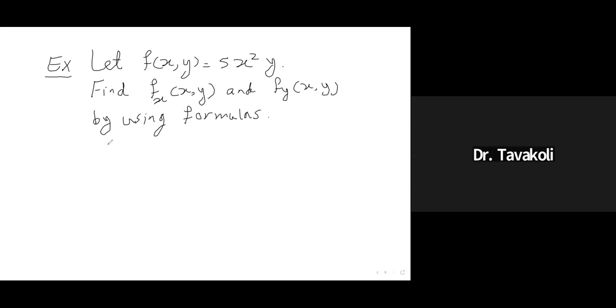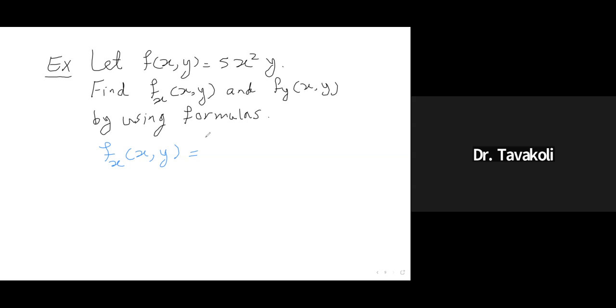So partial derivative with respect to x, what does that mean? It means that we are looking at the instantaneous rate of change with respect to x. In other words, I can deal with y as a constant.